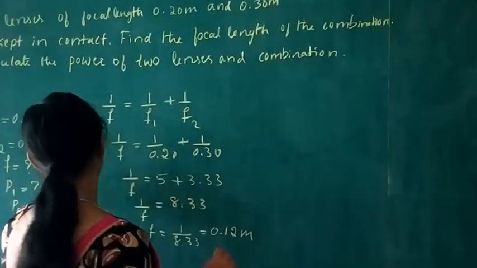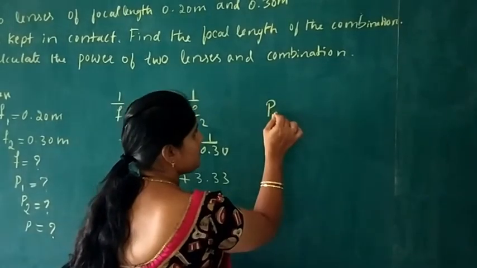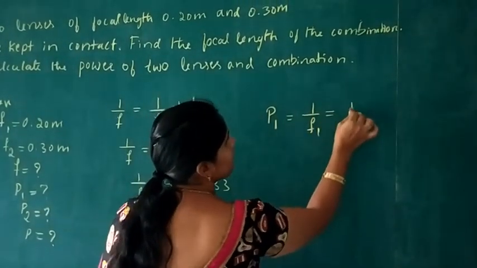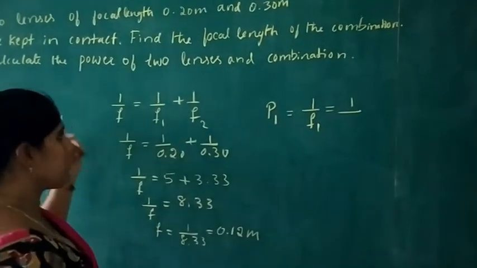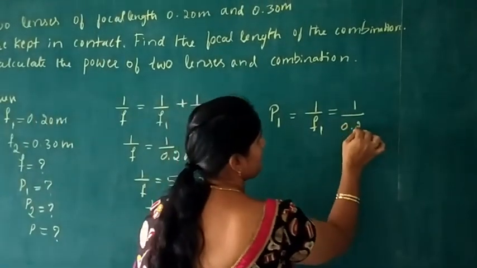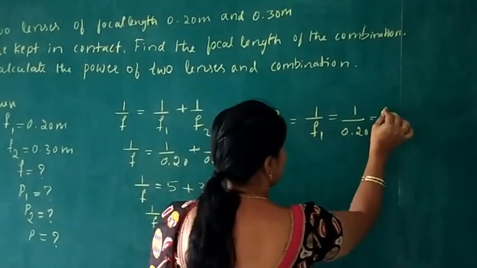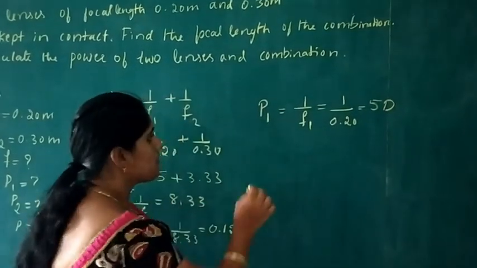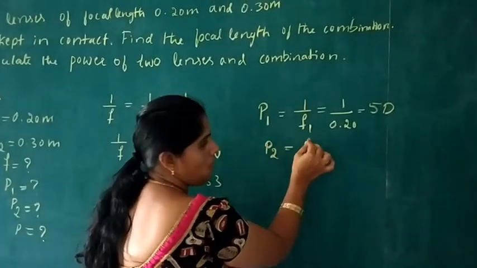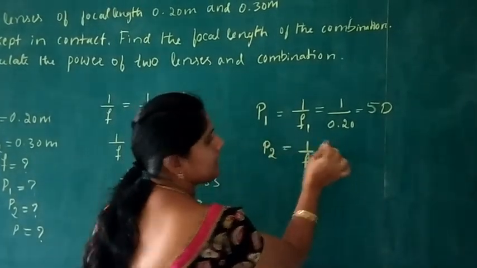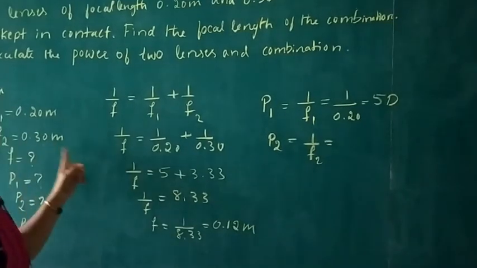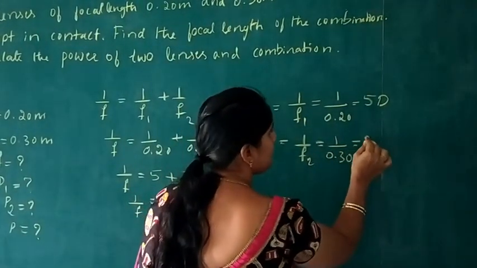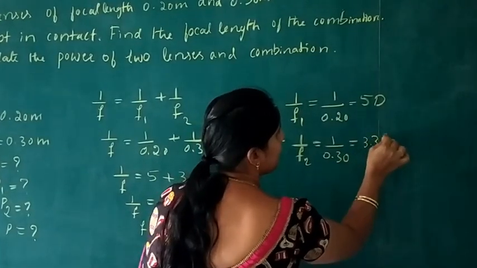Next, P1. The power of the first lens, P1, is equal to 1 by F1, that is 1 divided by 0.20, which is 5 diopter, 5D. Next, P2 is equal to 1 by F2. Here F2 is 0.30, so 1 by 0.30 is 3.33 diopter.